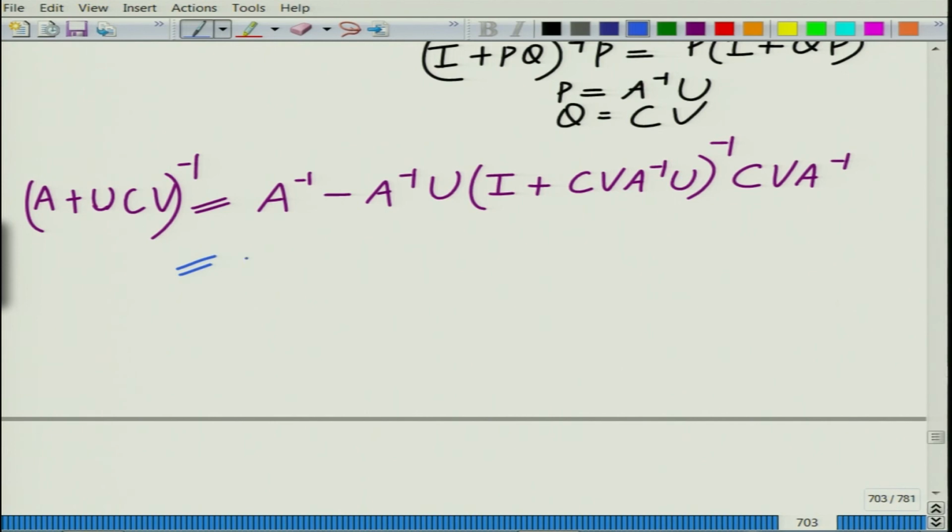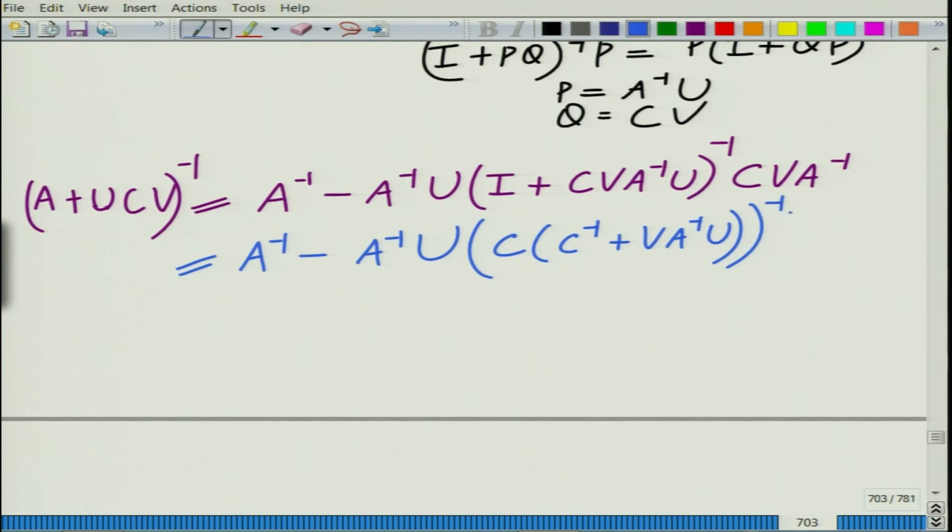Now let us simplify this further, and the next step is easy. You can already see we are almost there. This is A inverse U, and inside I am going to take the C out. So this is C times (C inverse + VA inverse U), with C out, inverse, times CVA inverse.